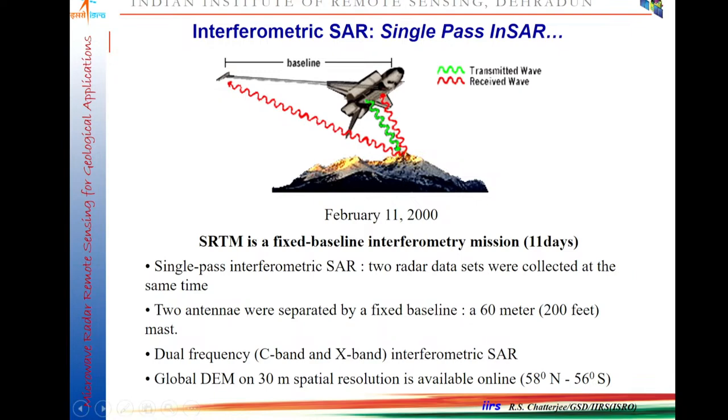Now see, here is one very interesting example of interferometric SAR: the first application of a high quality DEM generated by the InSAR technique is the SRTM mission. Although an InSAR based DEM was generated even in the 1980s.